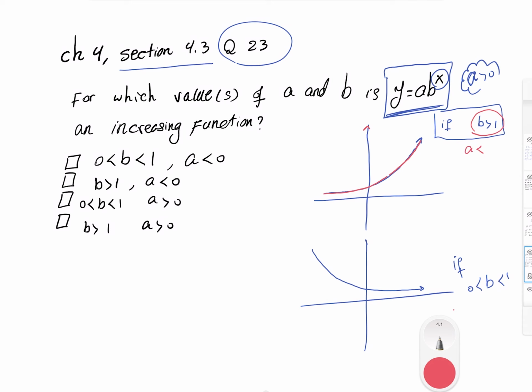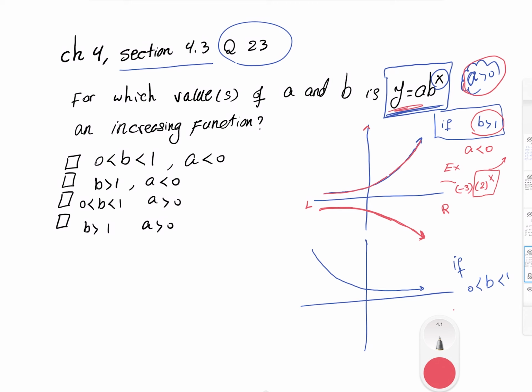But if a is less than 0, that means a is negative, for example negative 3 multiplied by 2 to the power of x. 2 to the power of x is an increasing function, but because a is negative, we have to reflect it over the x-axis. Now, when you read the new graph from left to right, the function is decreasing. So the value of a is very important to decide whether it is increasing or decreasing.